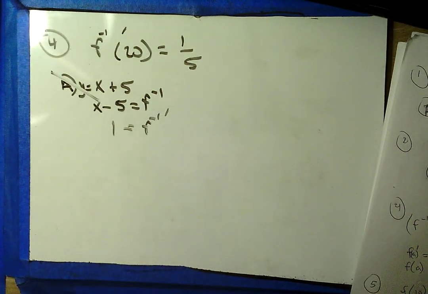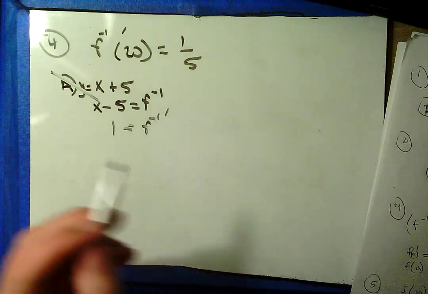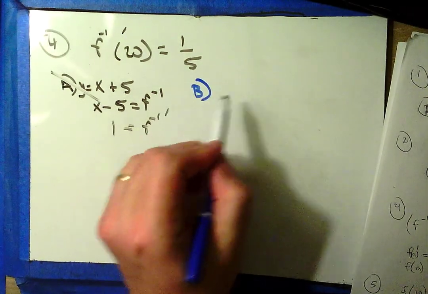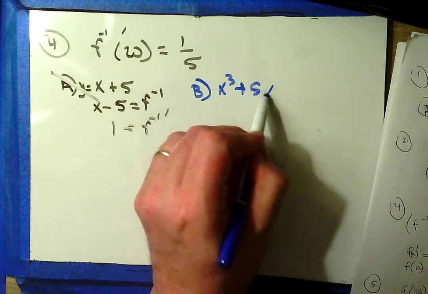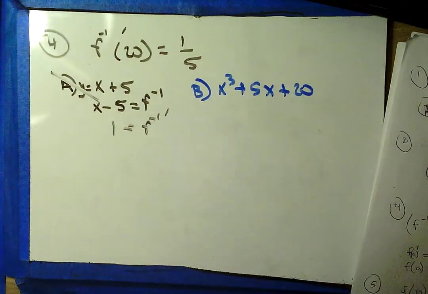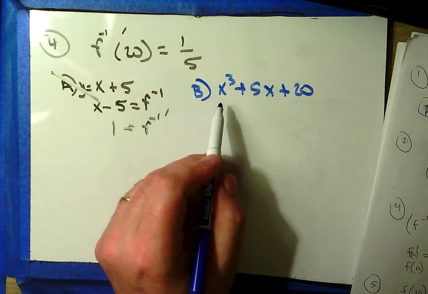What about B? B says x to the third plus 5x plus 20. So this I can't make the inverse of.